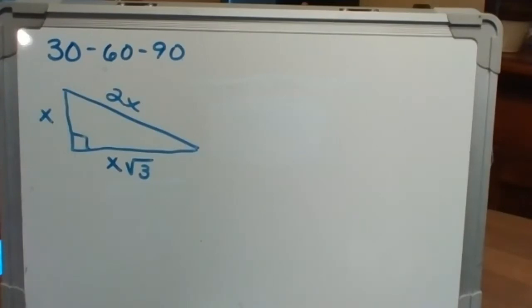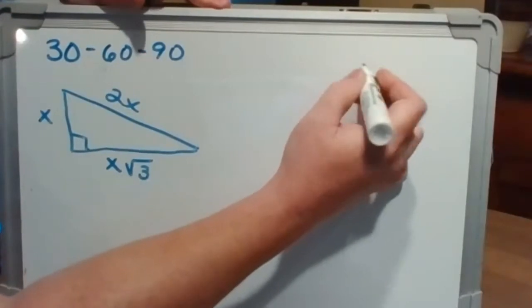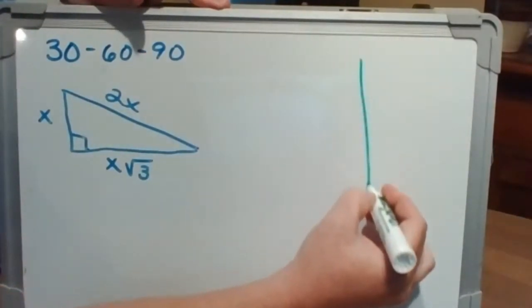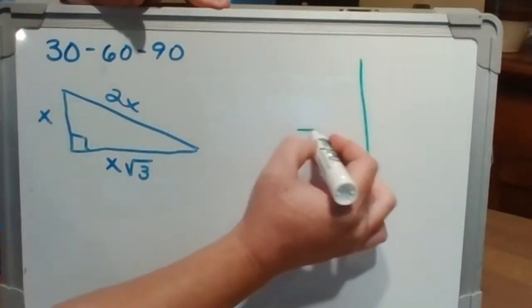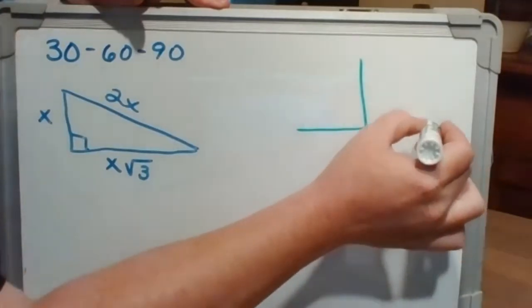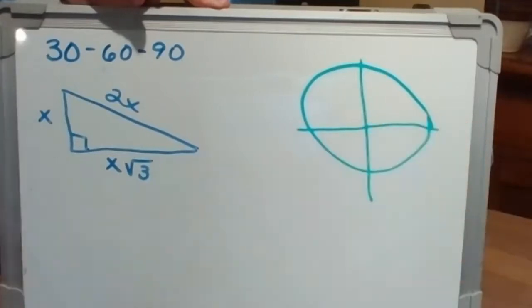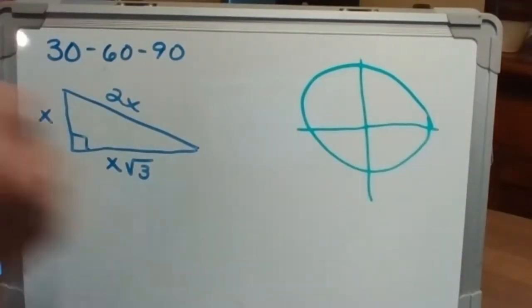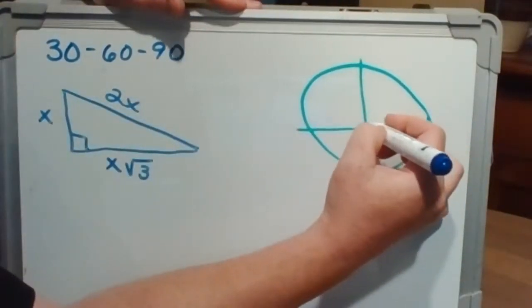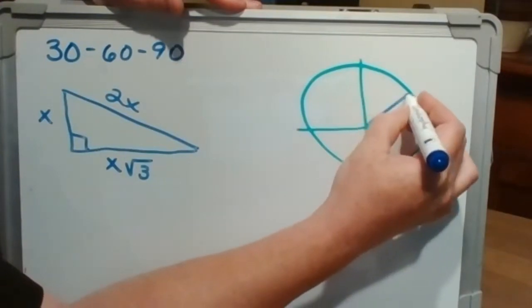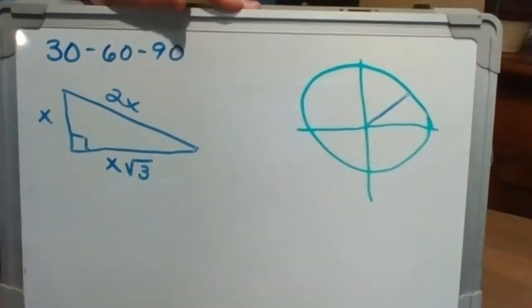On the unit circle, we know that that is a circle centered at the origin with a radius of 1. What we're going to be doing is creating right triangles inside of this unit circle.